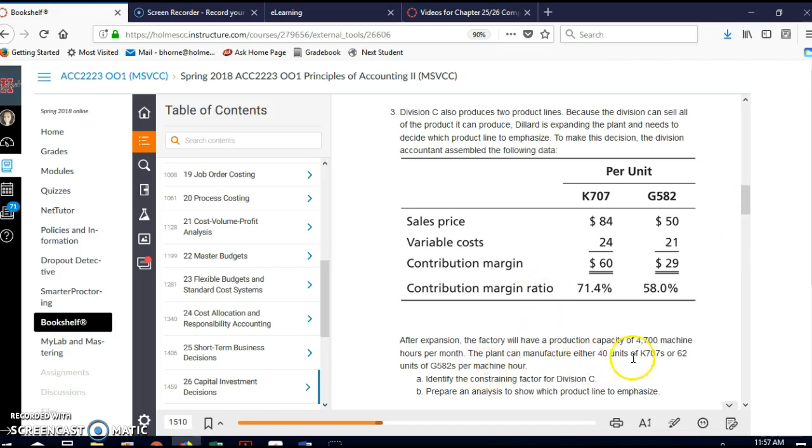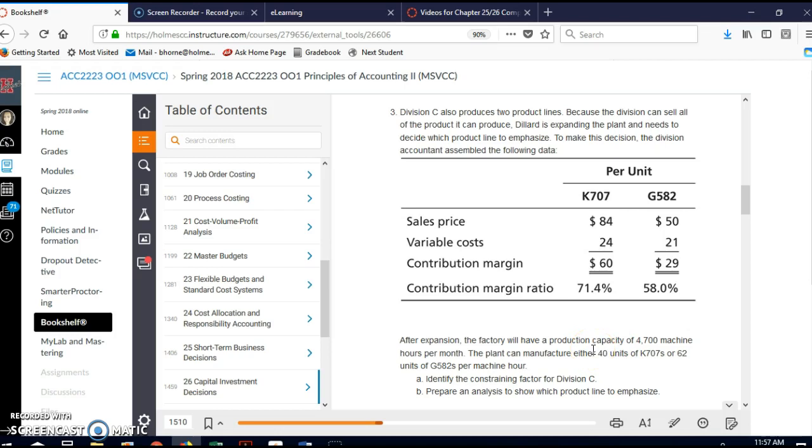Now, look down here and you can see that the plant can manufacture either 40 units of K707s or 62 units of G582s per machine hour. So we need to look at that.